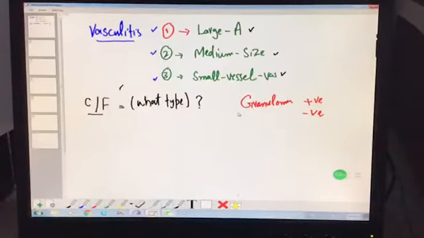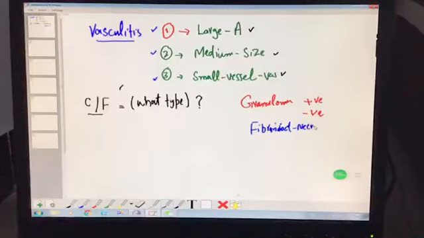Another thing is whether the vessel has necrotizing inflammation. Another feature described is what type of inflammation is there, and whether that inflammation involves granuloma or not. Inflammation can cause fibrinoid necrosis.